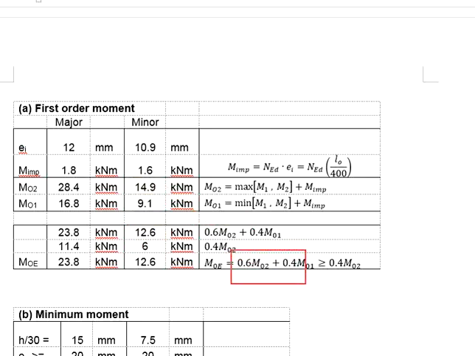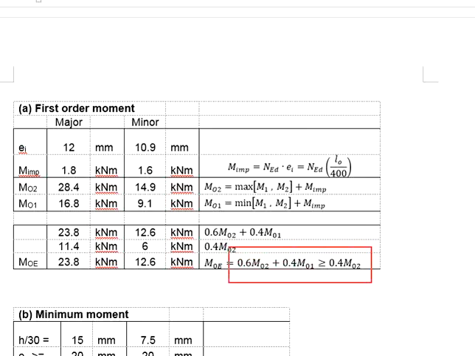The calculated value should be at least greater than 0.4 M02. That means this number is calculated by multiplying 28.4 with 0.4. The same goes for this: 14.9 times 0.4, you get 6.